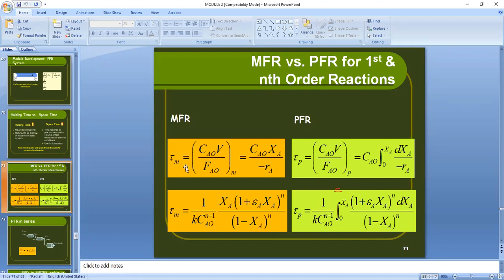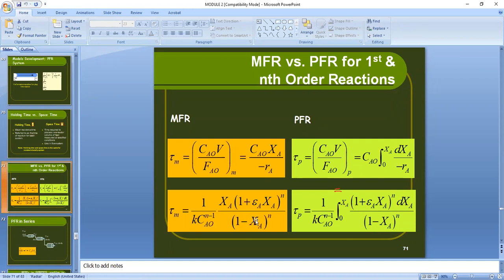So for the MFR, you have this, the tau sub m, meaning the space time for the mixed flow reactor. M for mixed flow, and this is for any nth order reaction. The rate here is not specified, so it could be k only, it could be kCA, kCA squared, or kCA cubed, or kCACB, or those things.